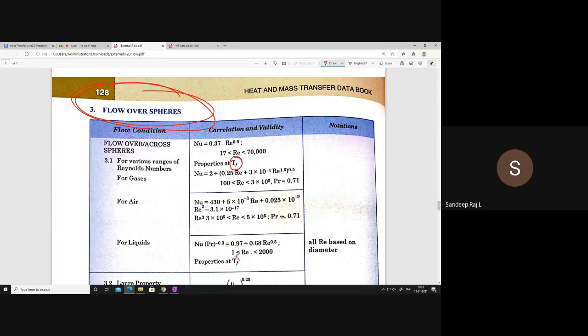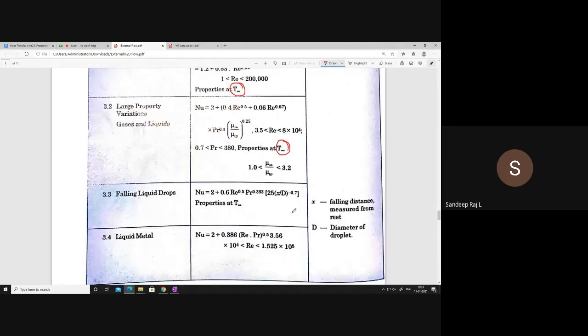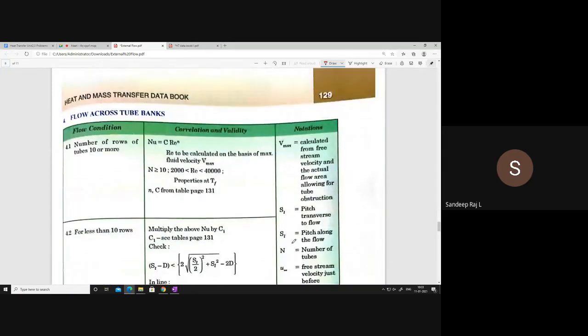It is explicitly mentioned for each case, and it is not common for all cases, and it is not given at the top like in the case of external flow or flat plate. For a sphere, from case to case, the temperature at which the properties are to be evaluated will vary. You can see the T infinity is given.